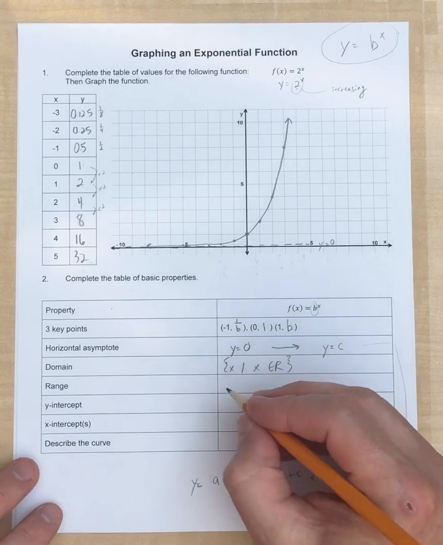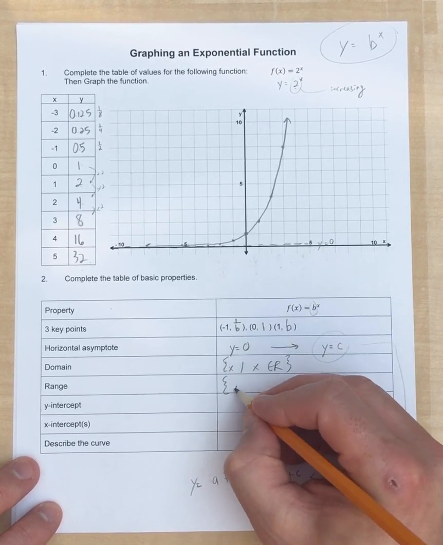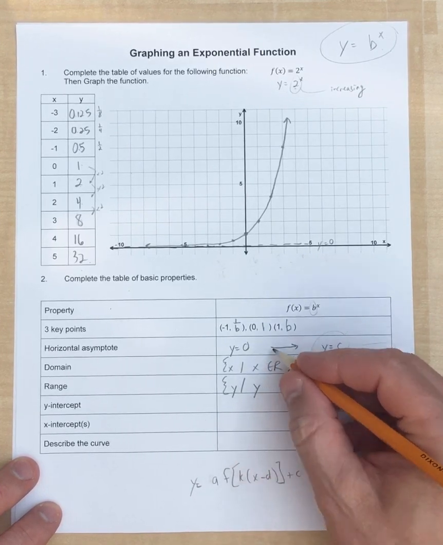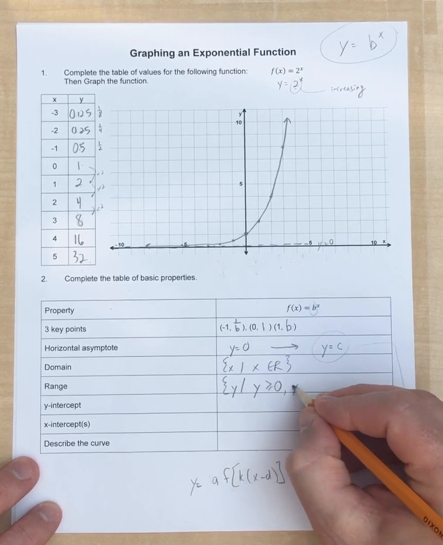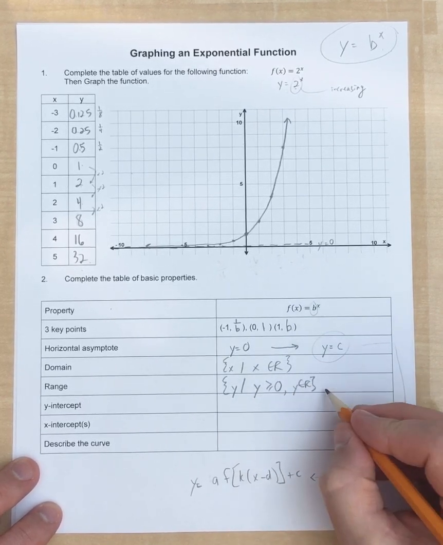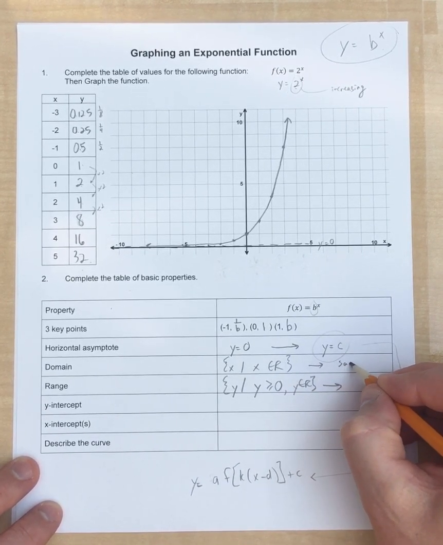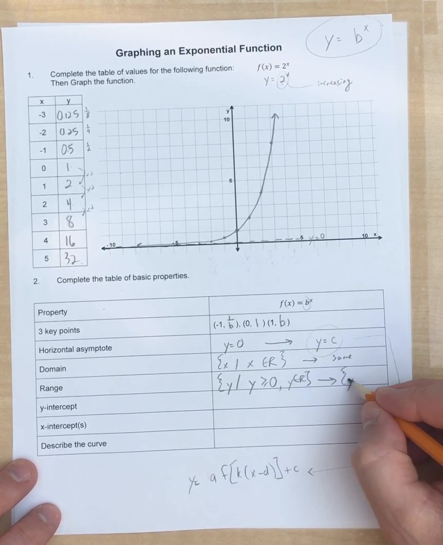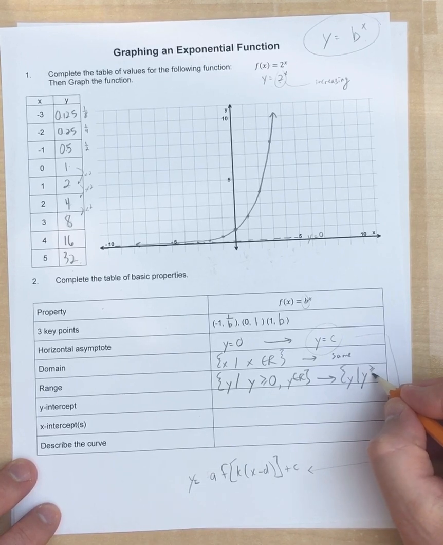Range is a bit of a different story. The range is entirely created by our c value. It's created by this asymptote. For y equals b to the x, it's going to be y greater than or equal to 0. But in general, it does depend. y is either going to be greater than or equal to, or less than or equal to, whatever our c value is.